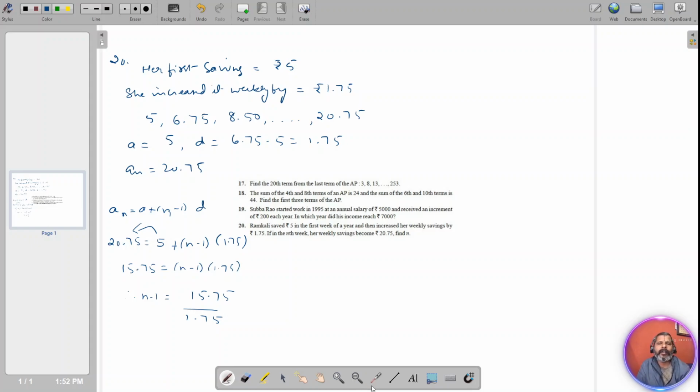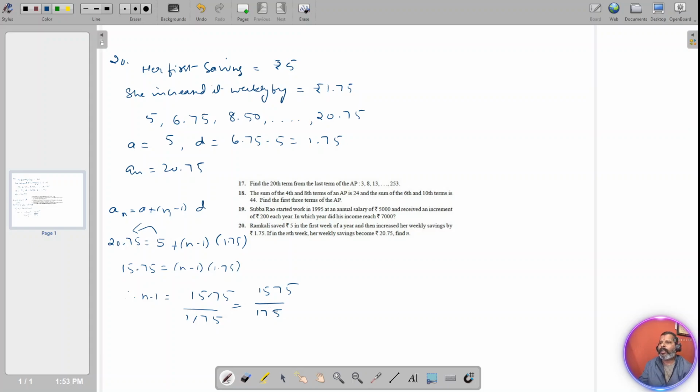Don't break your head cancelling the decimal numbers. You can cancel the decimal dot itself if numerator and denominator have an equal number of digits after the dot. In this case, yes, we have 2 digits. So you can directly cancel the dots. So how much does it become? 1575 by 175. Dot cancels. You can use 25 also, or you can use the 5 table.